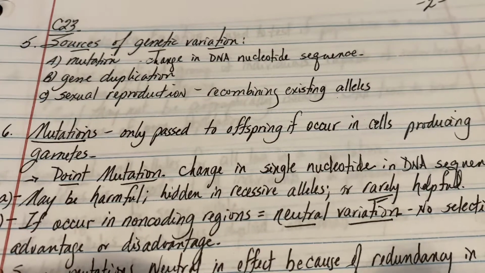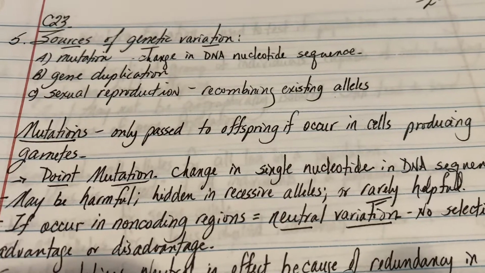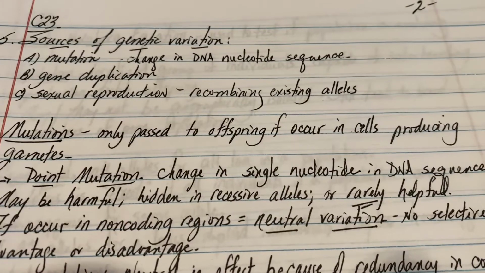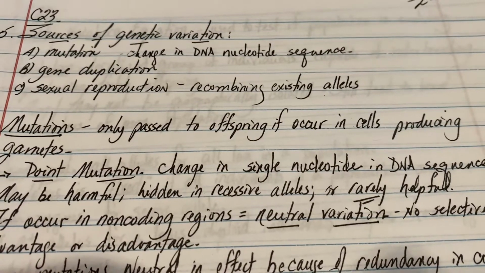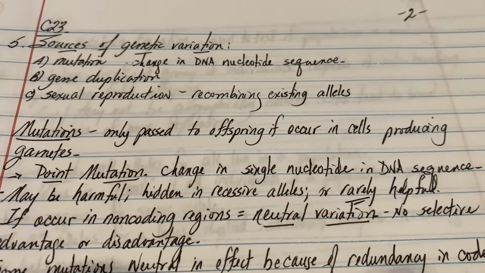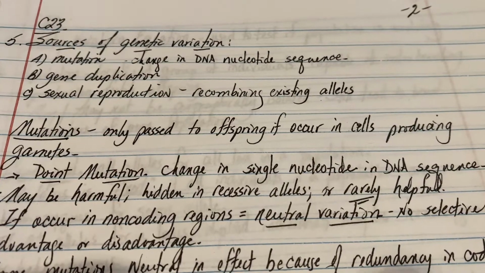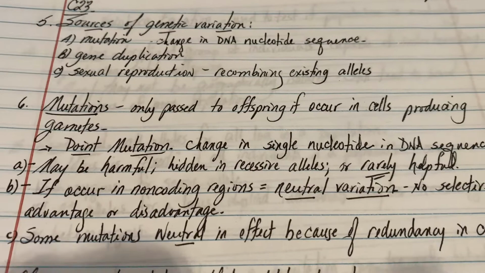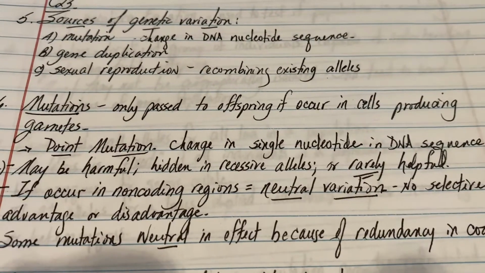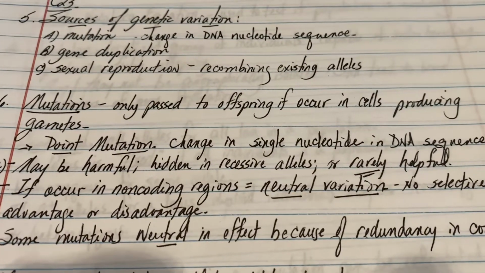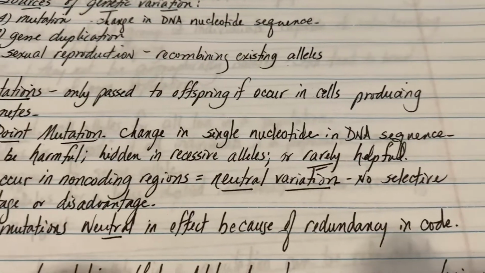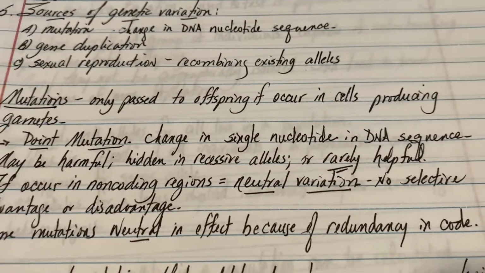If it occurs in the non-coding regions, we call it a neutral variation because, yes, it is still a variation, but it doesn't give the organism any kind of selective advantage or disadvantage. Some mutations are neutral in effect because of the redundancy in the genetic code.